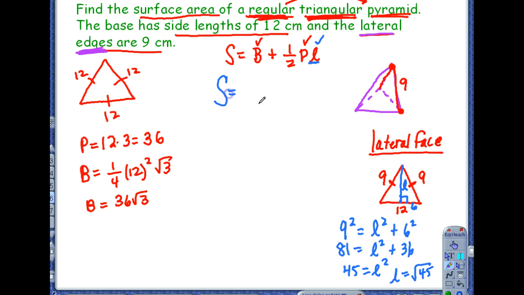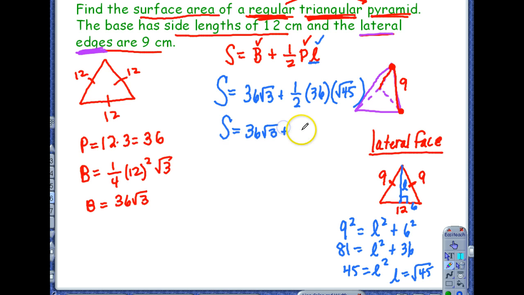Let's finish this up. We have the base area as 36 radical 3, plus half of our perimeter, which was 36, times our radical 45. Again, you could simplify the radical 45 if you want to, but you don't have to. I'm just going to simplify a little bit and get 18 radical 45.